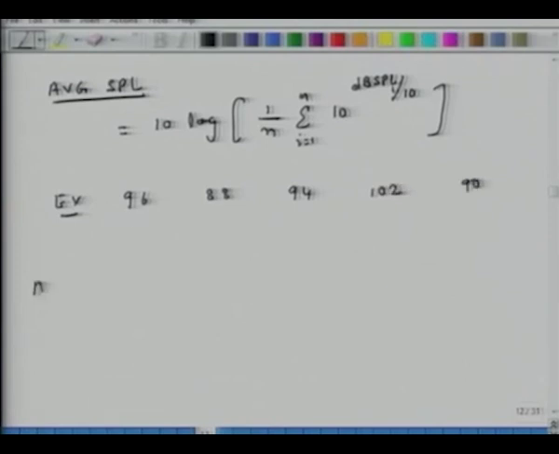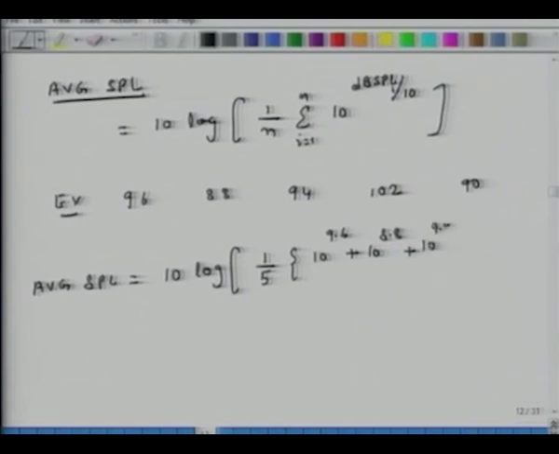Then my average SPL equals 10 times the logarithm of 1 over 5 times 10 to the power of 9.6 plus 10 to the power of 8.8 plus 10 to the power of 9.4 plus 10 to the power of 10.2 plus 10 to the power of 9, and that gives me 97 decibels.